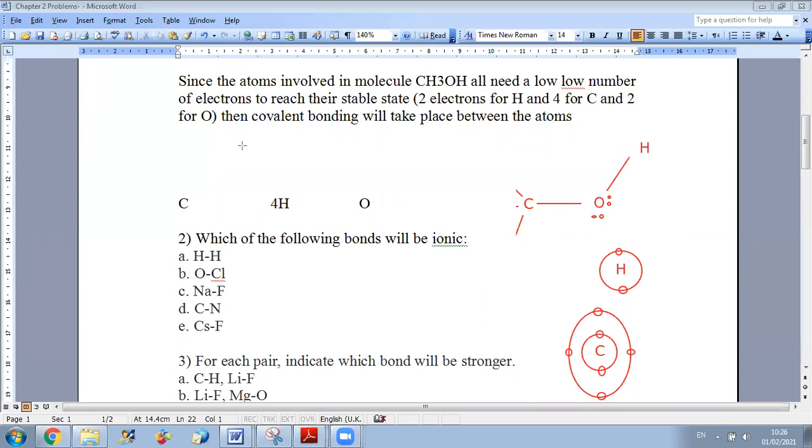Look, the condition for metallic bonding is that all atoms have a few electrons on their outer orbit. Because if all have a low number of electrons, they will all share their electrons together, which will form a cloud of electrons common between all, which is called metallic bonding. Okay, so the criteria for metallic bonding, I will write it here.